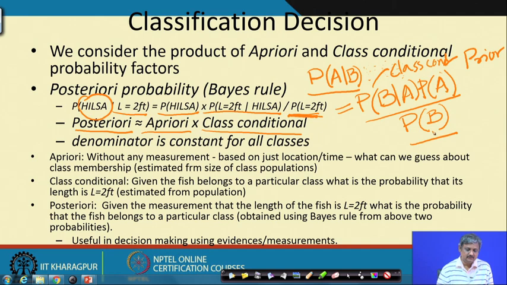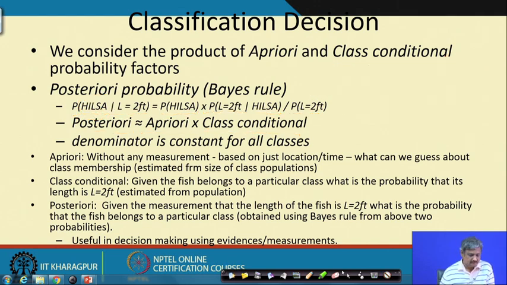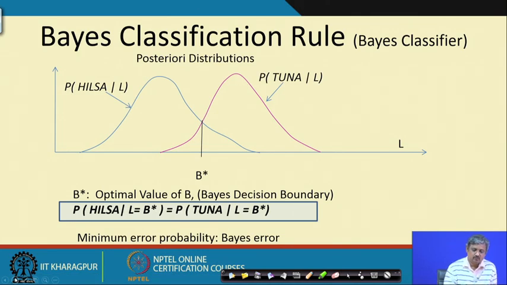So, what I actually do is that I find the posterior for both the classes. I find the posterior for Hilsa, I find the posterior for tuna, and instead of earlier drawing the intersection of two class conditionals, I change that rule and I draw the distribution of the posterior probabilities.